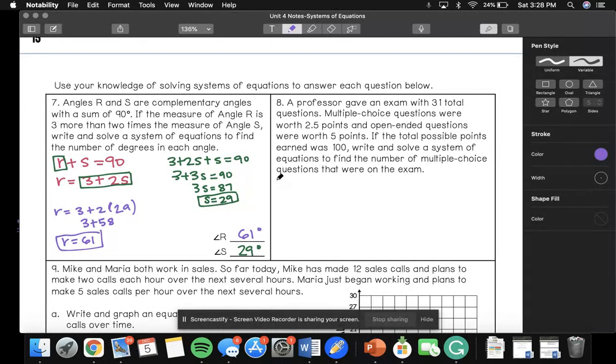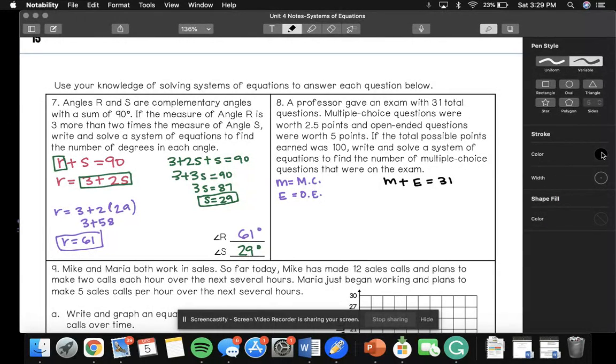So I'm going to use M for multiple choice, and I'll use E for open-ended. The first constraint is that it has 31 total questions, which means the number of multiple choice plus the number of open-ended has to be 31 problems.